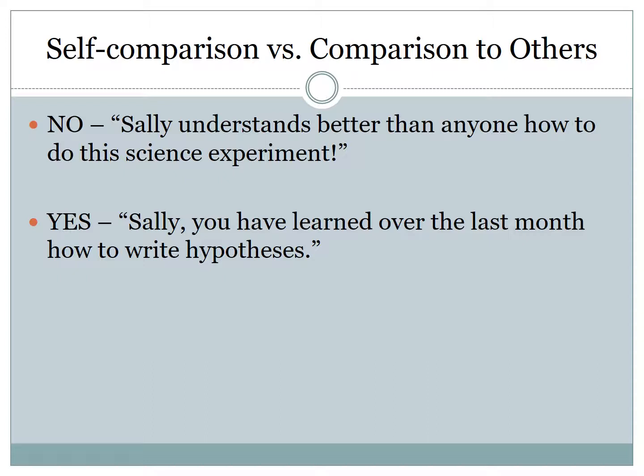But also it's going to be counterproductive because Sally feels like she has to compete with the others. Instead, compare her with herself: "Sally, you have learned over the last month how to write hypotheses." So we're comparing where Sally is now at this skill with where she was a month ago.